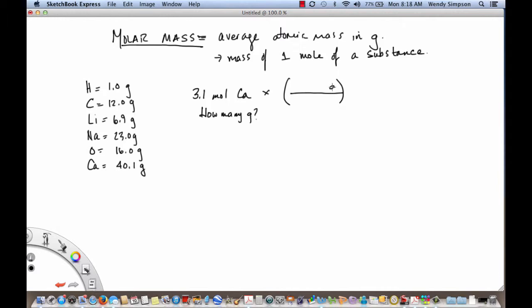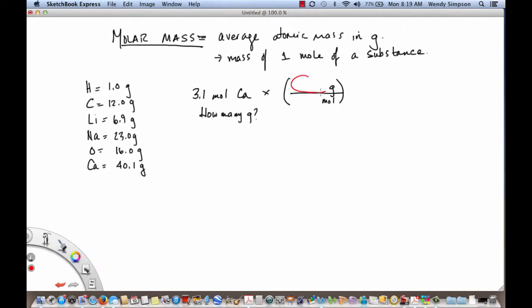This time, grams is going to go in the numerator. Remember that the units we convert to go in the numerator, so we're converting to grams. Mole then would go in the denominator because we want moles to cancel out. What value is going to go up here in the numerator? It would be the molar mass of calcium.